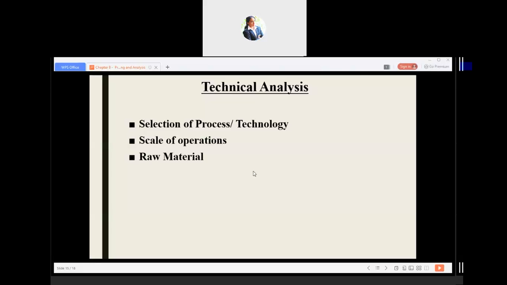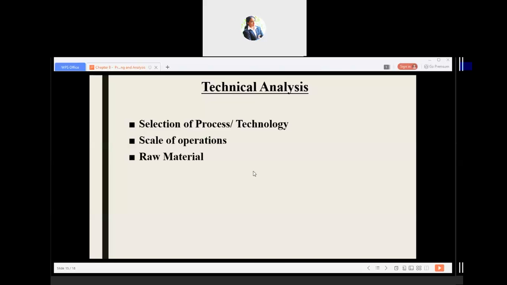The type of raw materials to be used should be chosen carefully after analyzing various factors, like the cost of each different kind of raw materials that can be used for the production, and what is the cost involved in the shipment of these raw materials to the manufacturing plant, and whether the raw materials would be continuously available without any kind of problem.